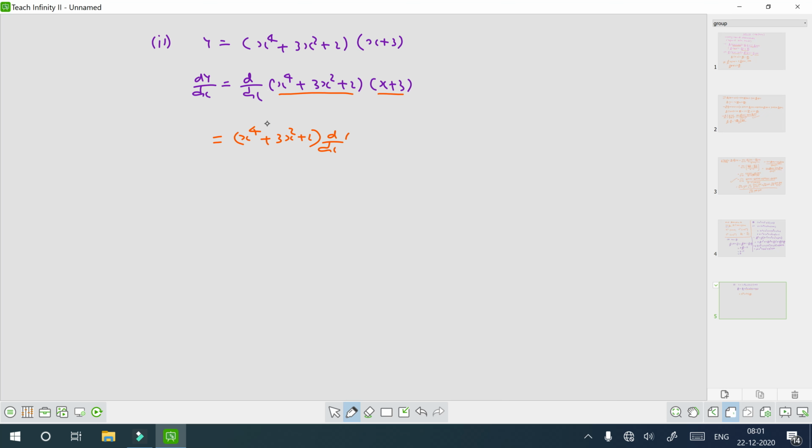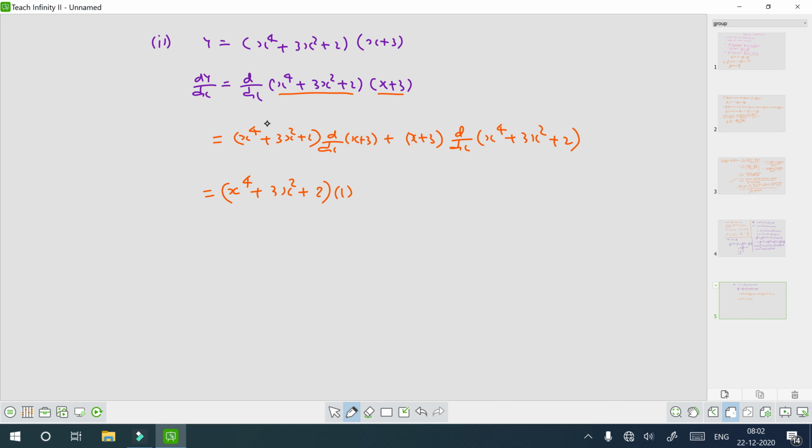A derivative of v as it is, derivative of u, clear, is equal to x raised to 4 plus 3x square plus 2.